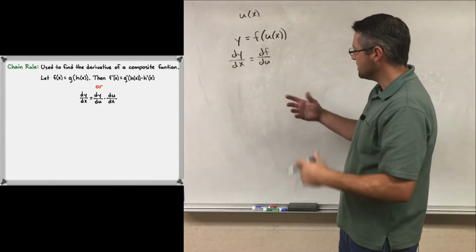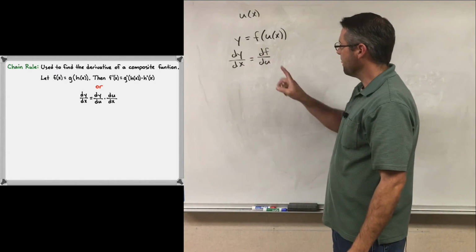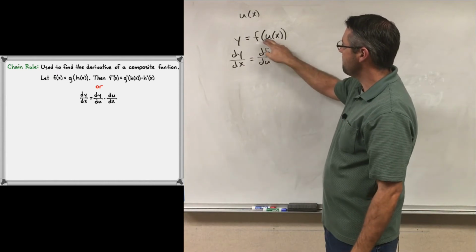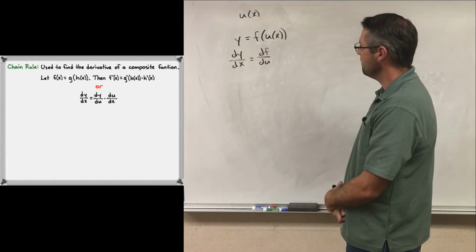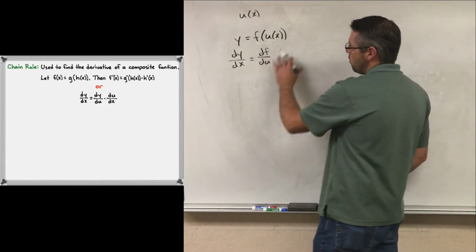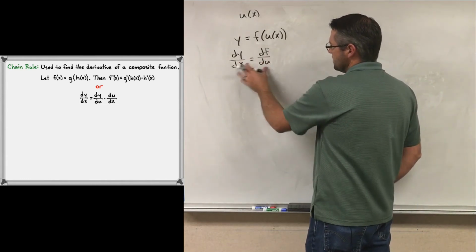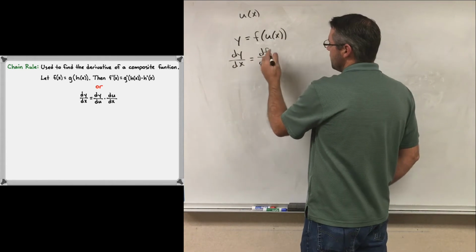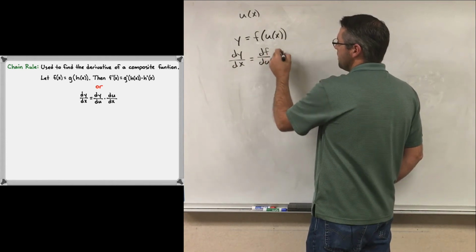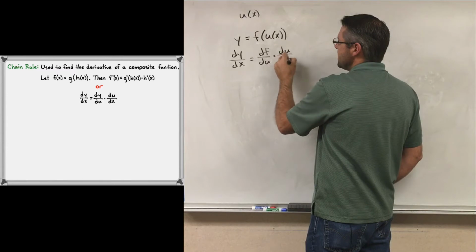So it's kind of like saying treat u as a variable, like u is the variable of f, okay? So we're going to multiply that by du dx.